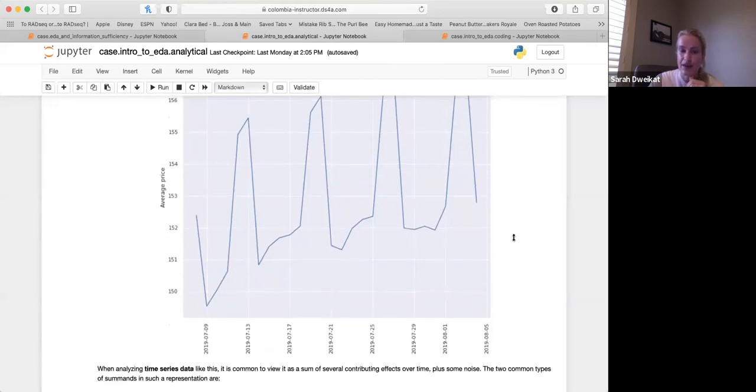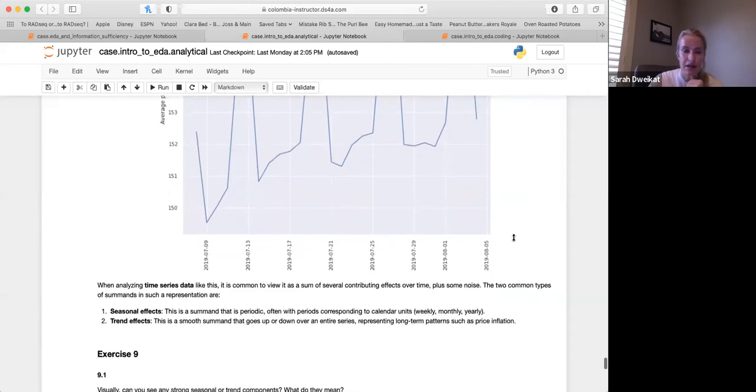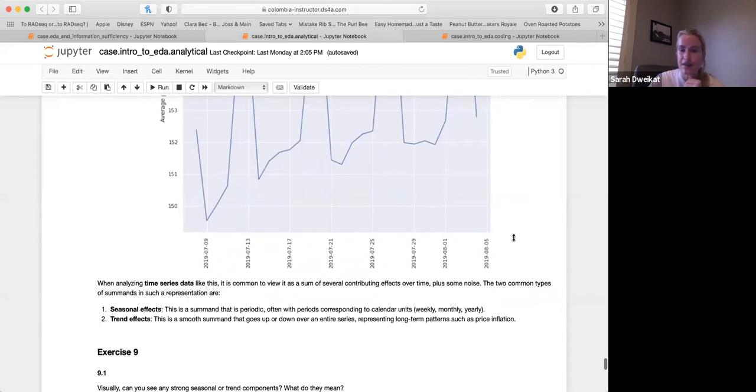So when we're analyzing data like this, we can see two different trends. We can see seasonal trends and we can see trend effects. So seasonal trends or seasonal effects are periodic. So we have these changes that correspond to different seasons, basically, as it suggests.